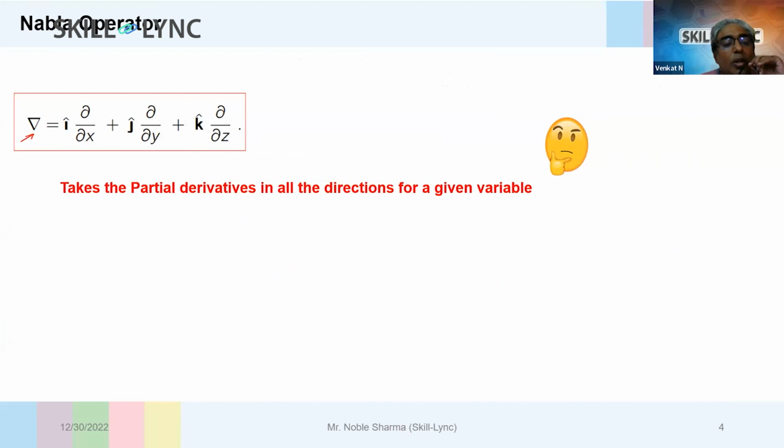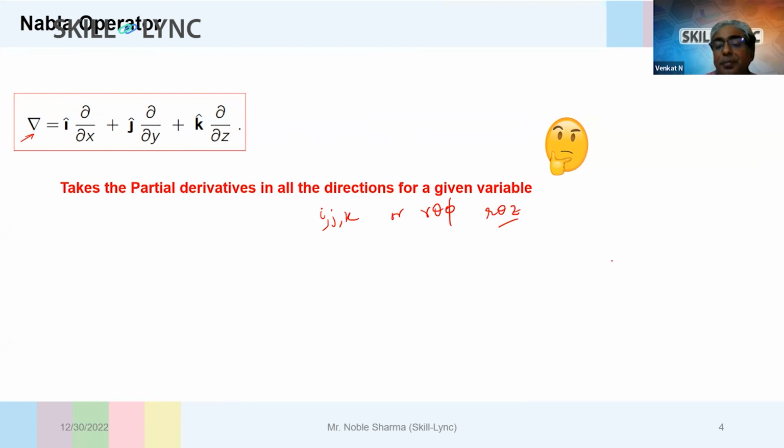It takes the partial derivatives in all the directions for a given variable. All the directions means the three principal directions. It can be i, j, k, or r, theta, phi, or r, theta, z. I think you all know the derivative concept.